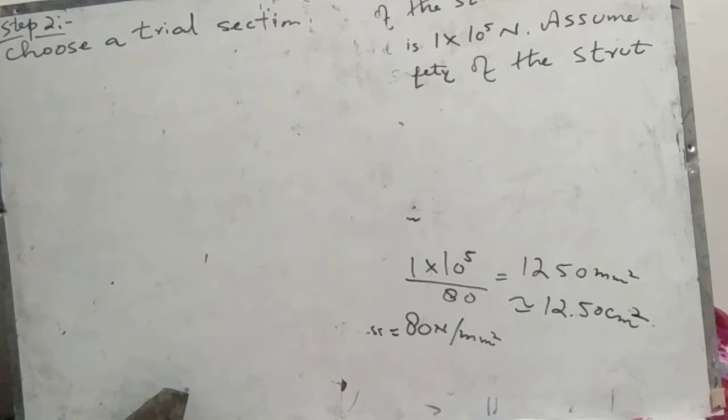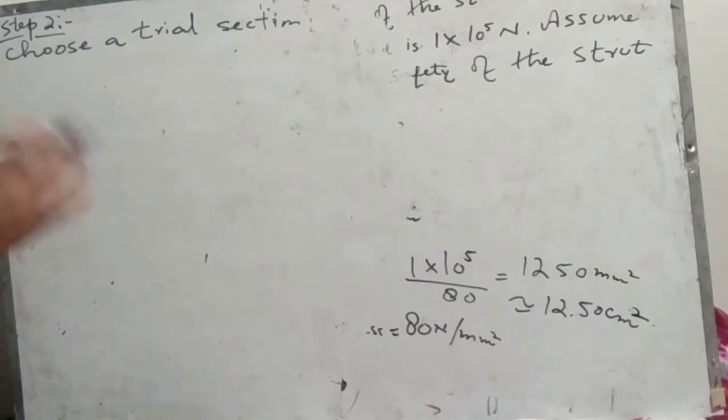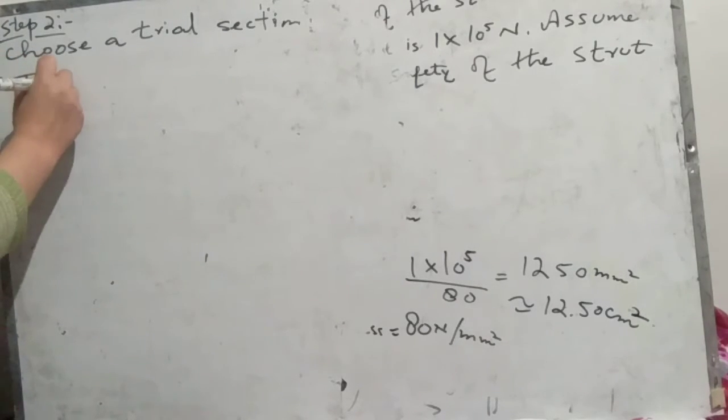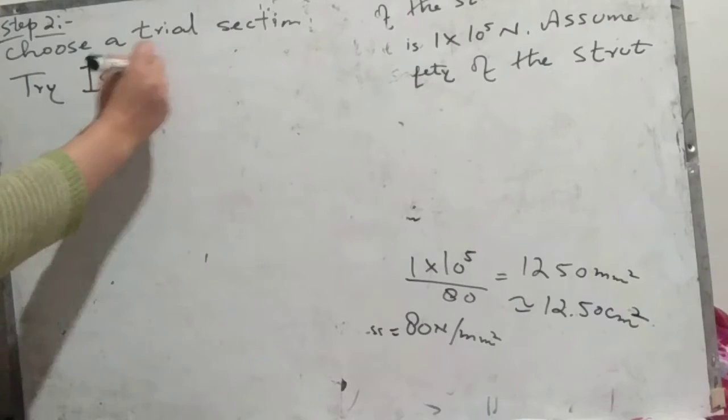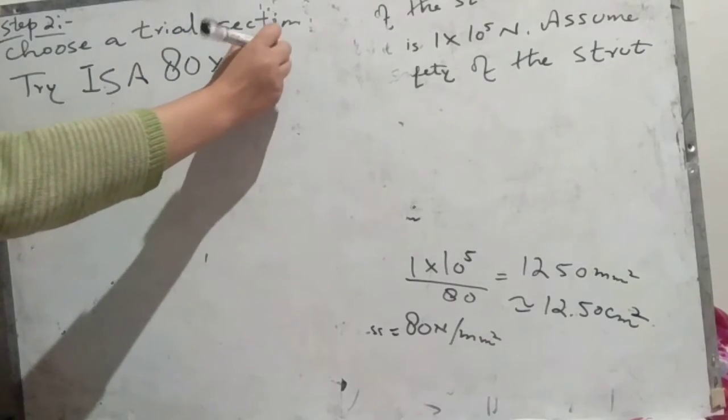So refer to page number 32. You have to choose a trial section which will have area either equal to this cross sectional area or greater than the cross sectional area. So here we will try Indian standard angle 80 into 80 into 10 mm.